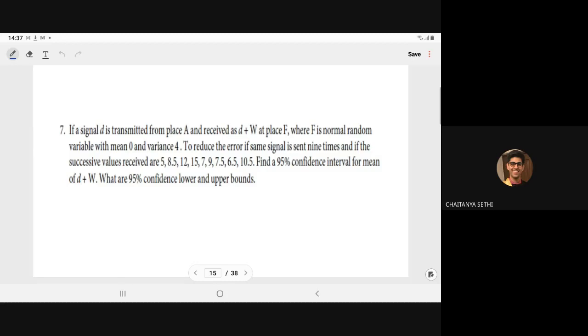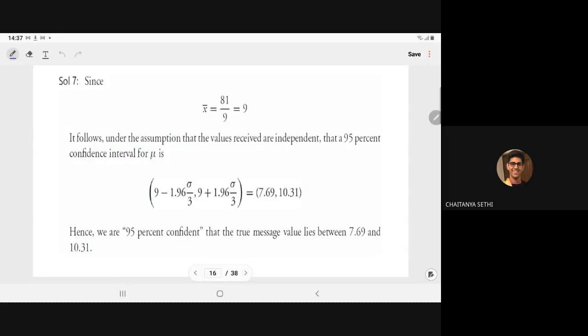From here, if you want to compute x bar, it will be the summation of xi upon n. Here we have computed x bar as 81 upon 9, that is 9.